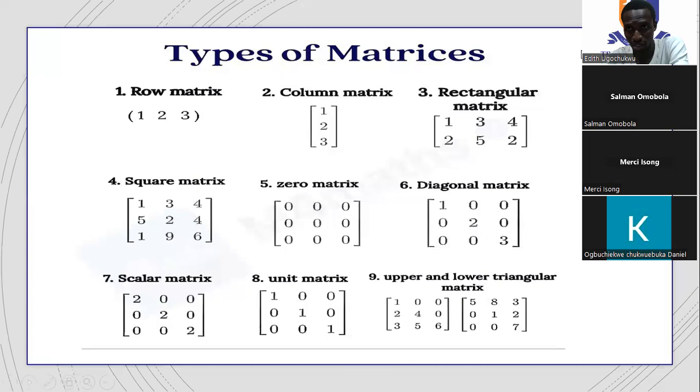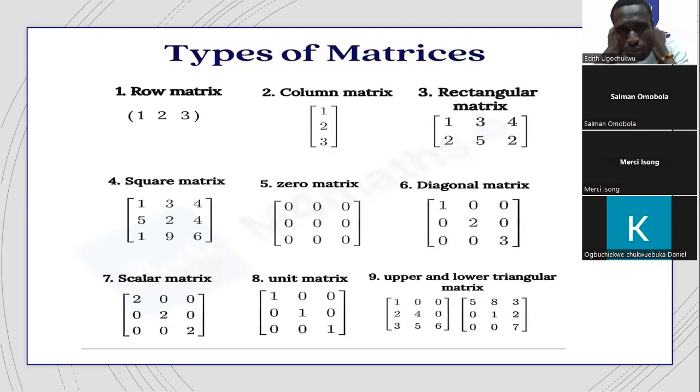So you see now we have types of matrices. Matrix is singular; matrices is the plural. So, types of matrices. The first one, row matrix, is a matrix that contains just rows.